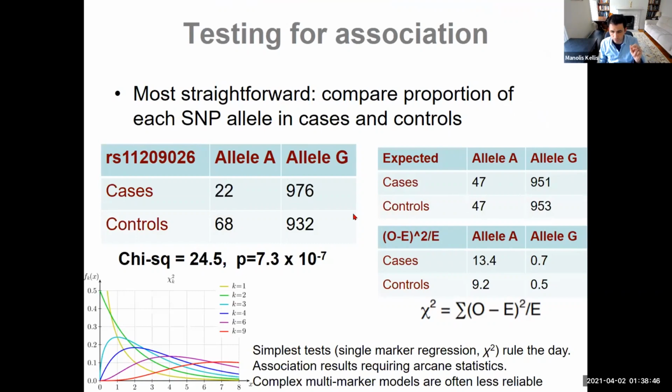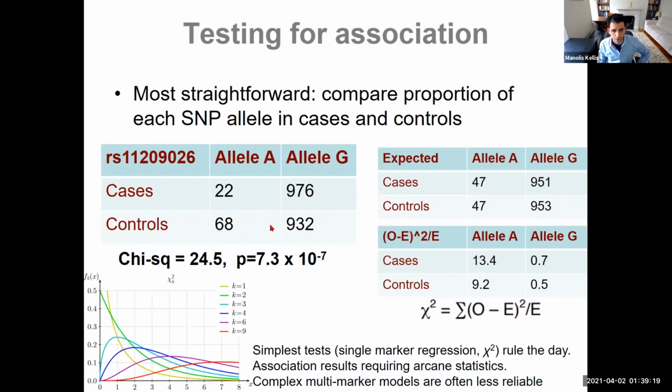Okay, so now what is that p-value that we're computing? That p-value comes from a chi-square statistic. This is basically a table that tells you for every SNP in your genome, how many cases carried allele A of that SNP, and how many controls carried allele A of that SNP. So you're basically asking if there's an imbalance for that SNP, where the cases are not distributed in the same way as the controls.